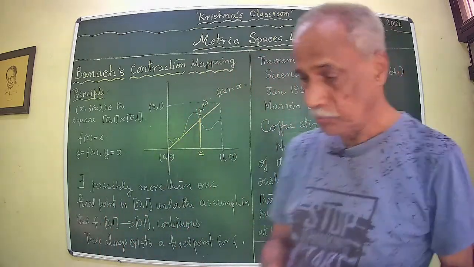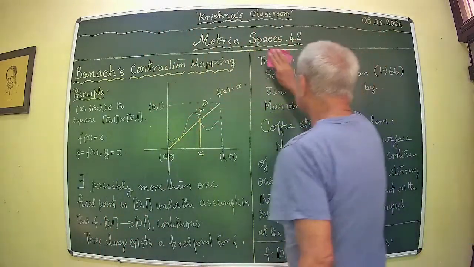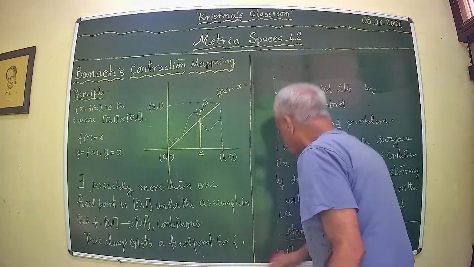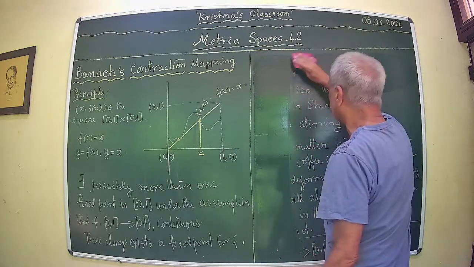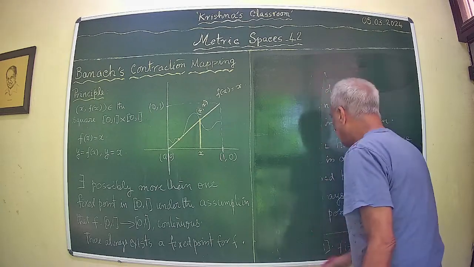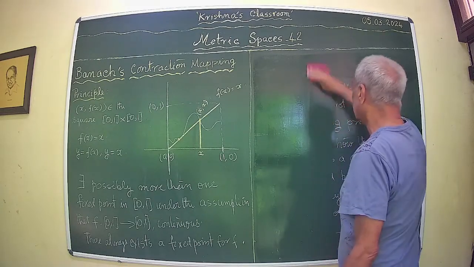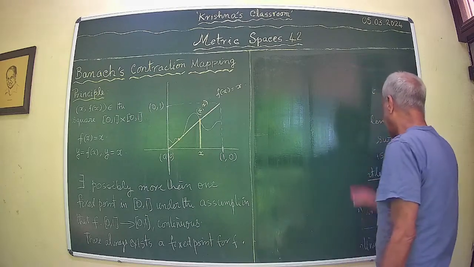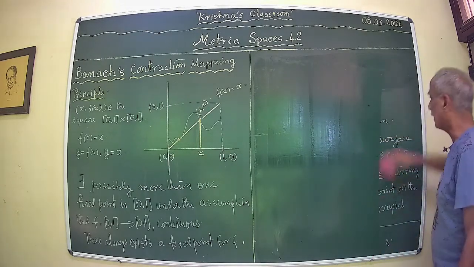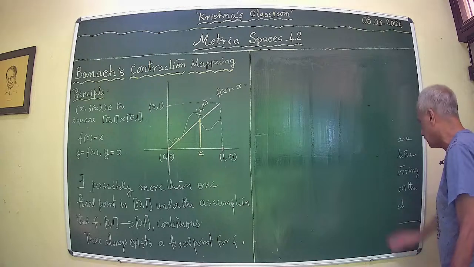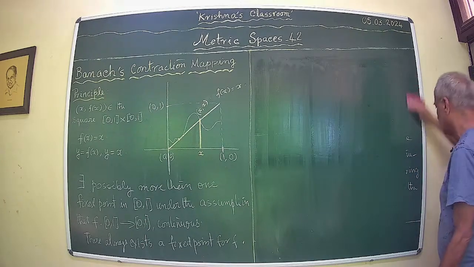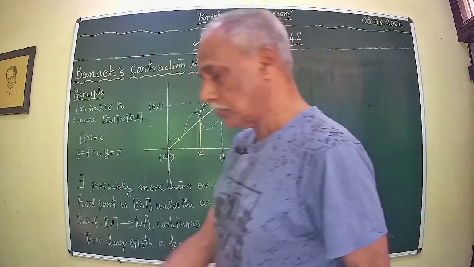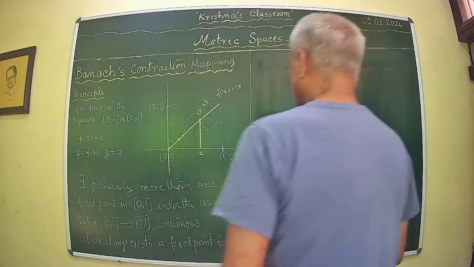Why is it so? It's because of the following. We can give a very quick proof of this. It's obvious also, because suppose there exists no such fixed point, which means the graph of f does not cross the diagonal.